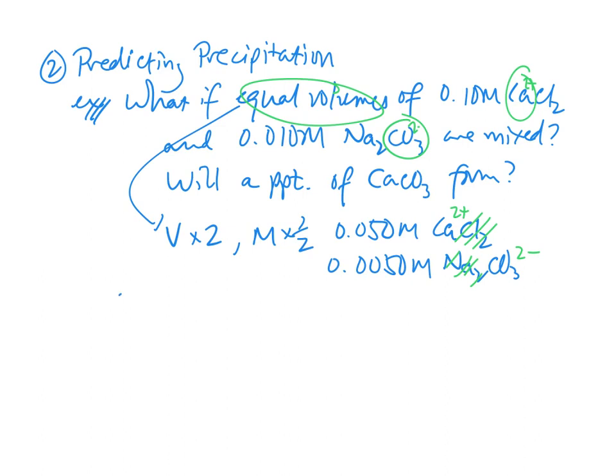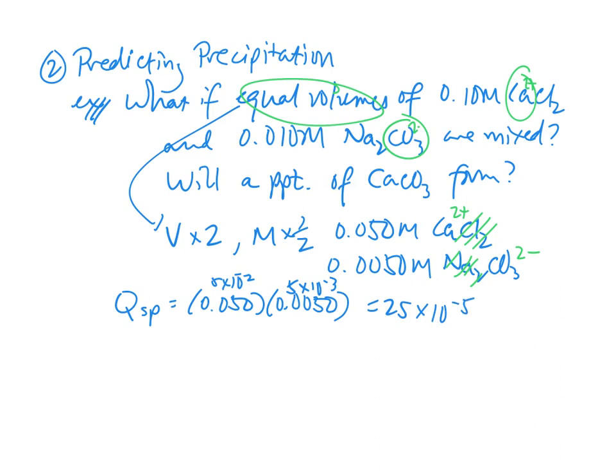So we're going to just test QSP. So we're just going to plug them in according to the K expression and say 0.050 times 0.0050 and see what we get. So that's 5 times 10 to the negative second times 5 times 10 to the negative third. So that's 25 times 10 to the negative fifth, or 2.5 times 10 to the negative fourth.